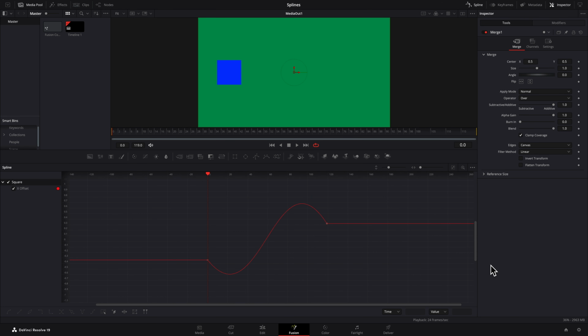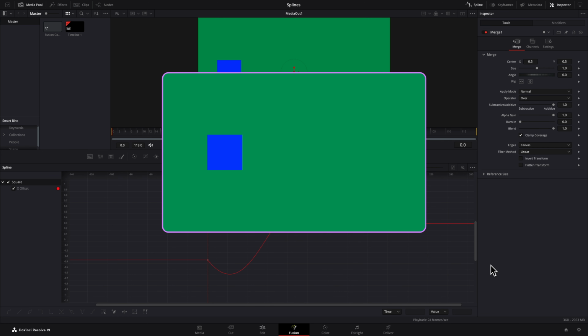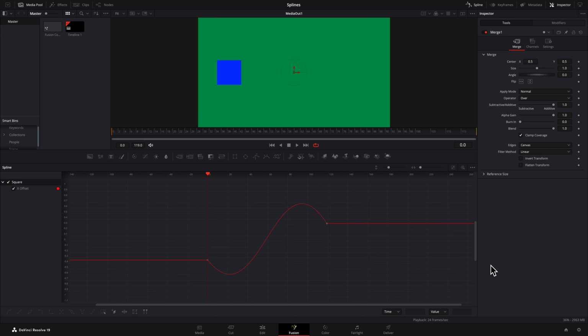How would we adjust the shape of the spline so the square moves back to its final position more slowly? Do we make the slope of the spline steeper or flatter at the end? What does a steeper slope do?